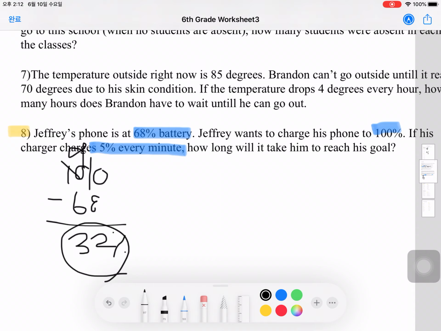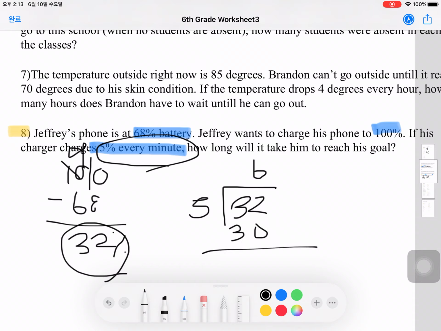And because right here it says 5% every minute, we want to divide 32 by 5. So it goes 6 times, right? 30, subtract, 2. And we need a 0, 20. 5 goes into 20 4 times. And because right here we added a dot, we have to add that dot here too.